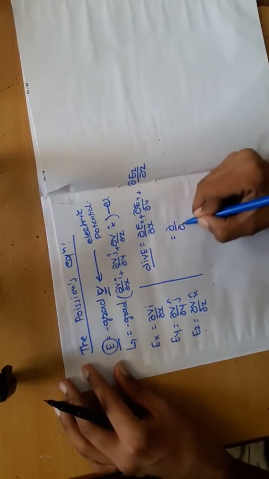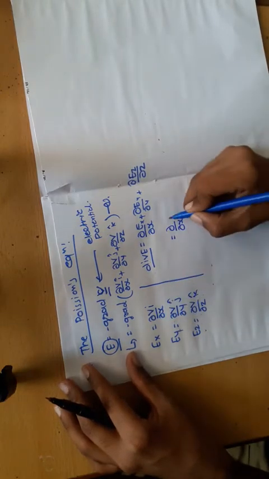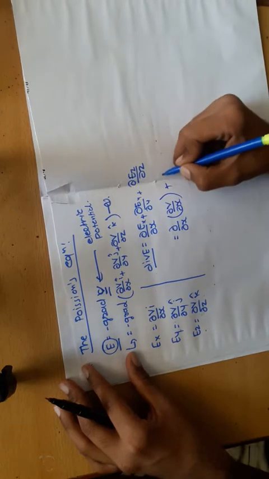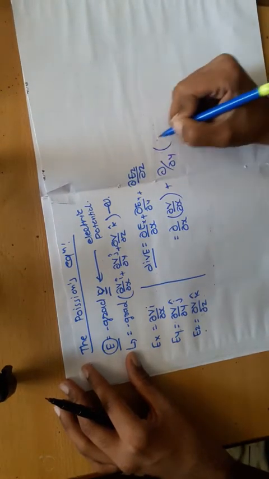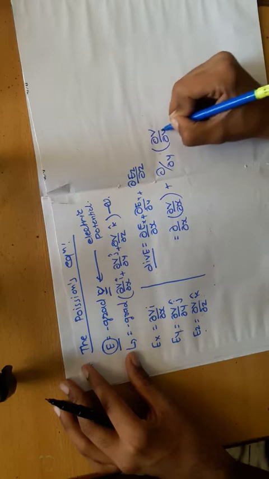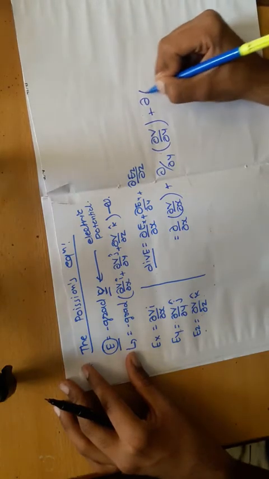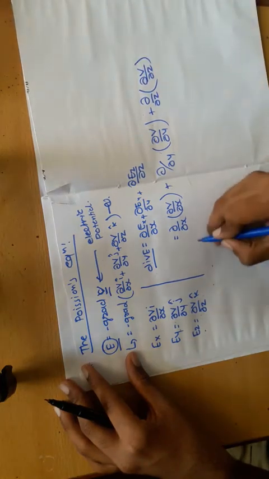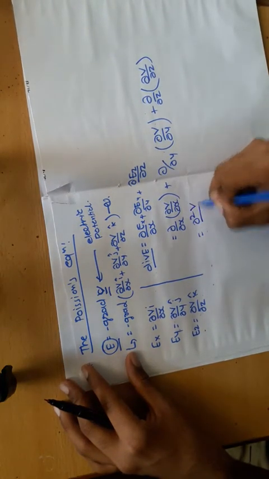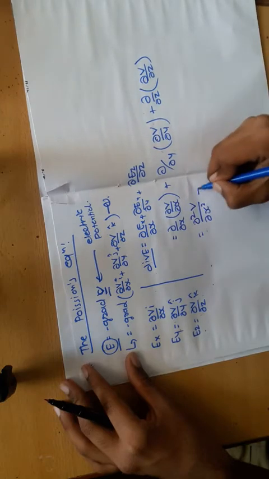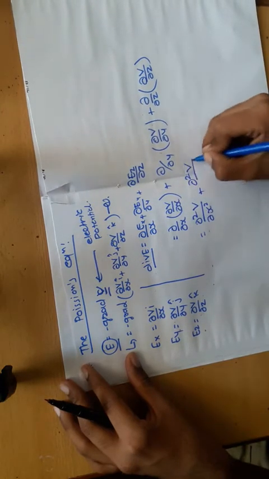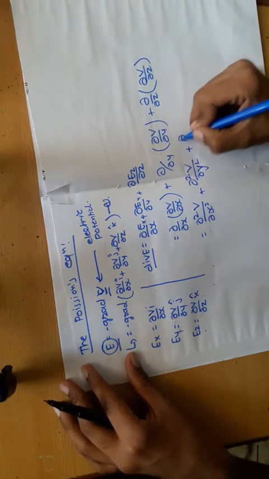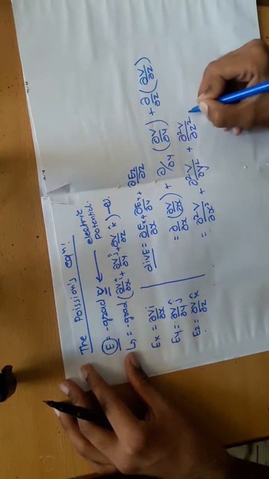So I can put this value in this equation, and finally I get del upon del X into the X component, which is del V upon del X, plus del upon del Y into del V upon del Y, plus del upon del Z into del V upon del Z. So it will be del square V upon del X square plus del square V upon del Y square plus del square V upon del Z square.